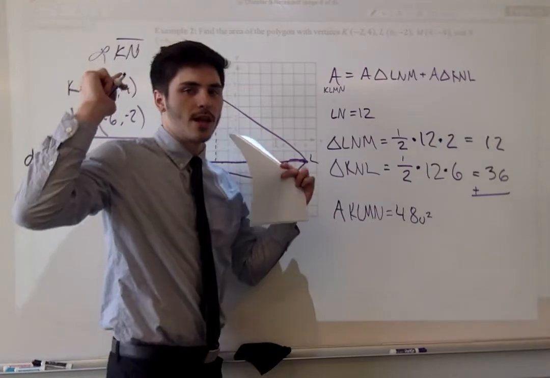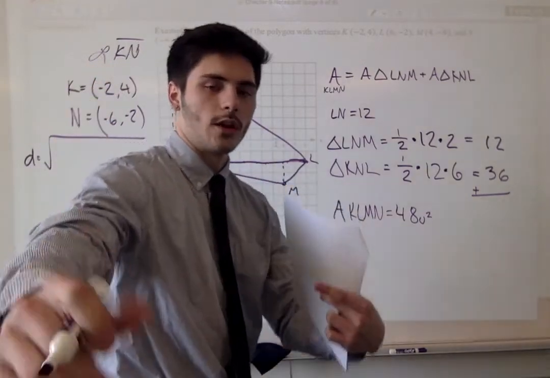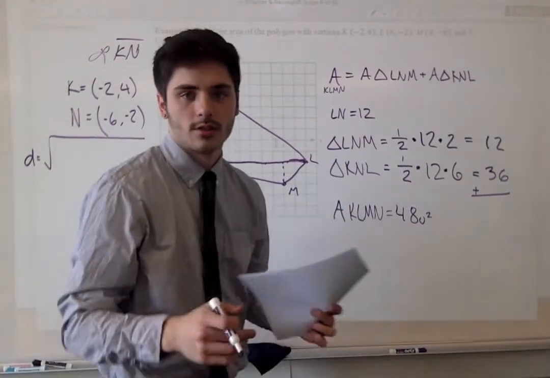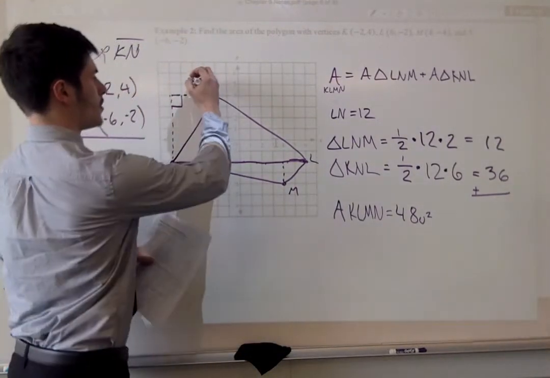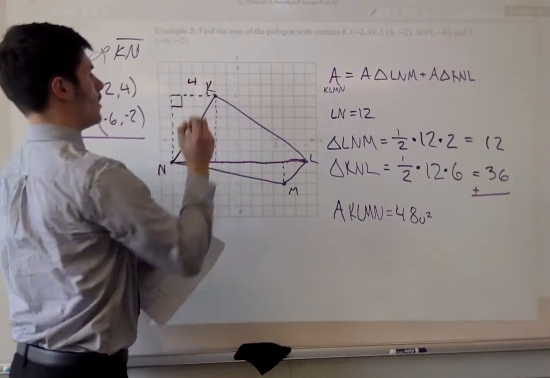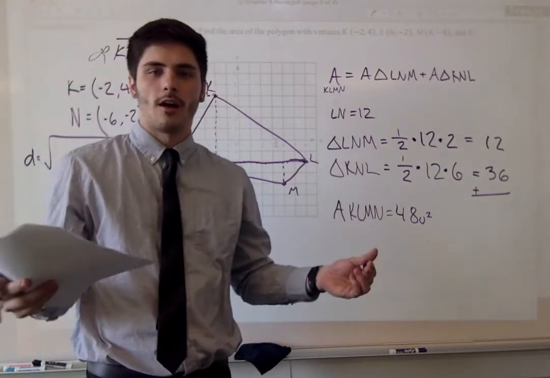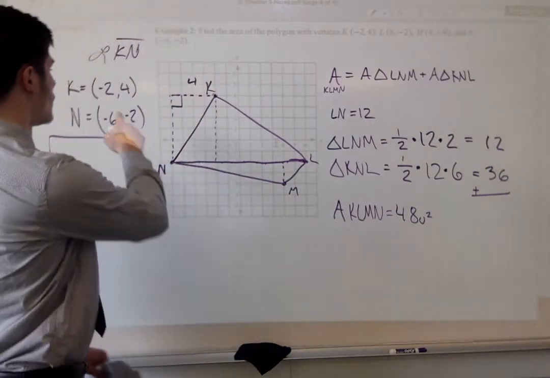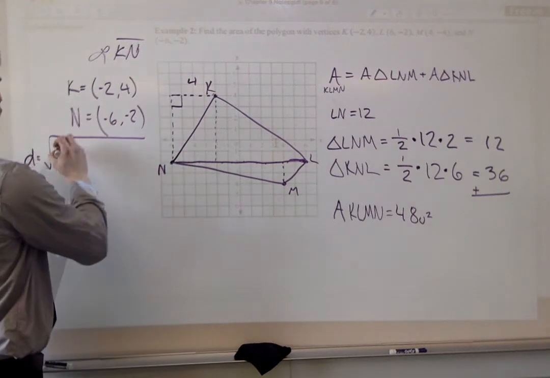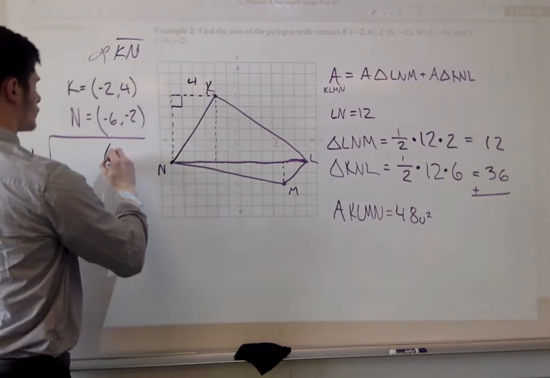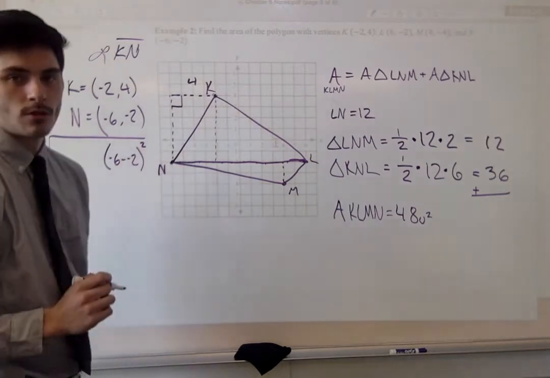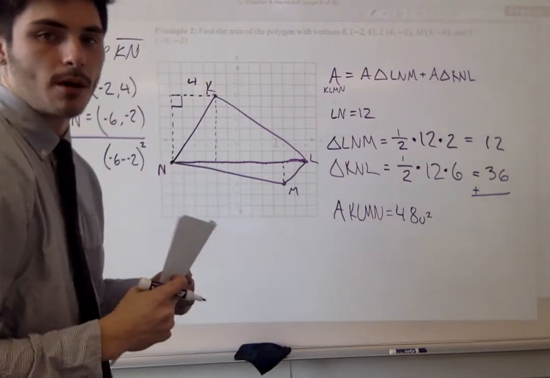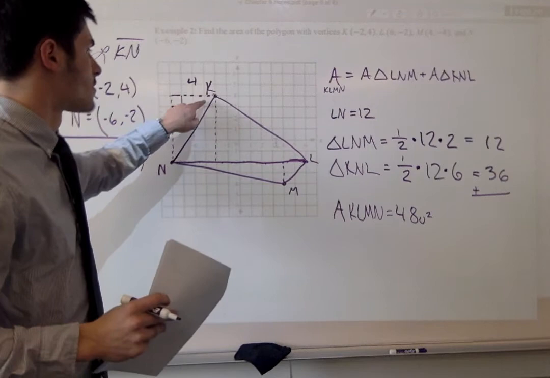And can distances be negative? And this is where the class goes, no, distances cannot be negative, just like magnitudes, right? So we know that this length is going to be 4. And look at that. That formula, right, going negative 6 minus negative 2, gave us the same number as if we were to just count these units.